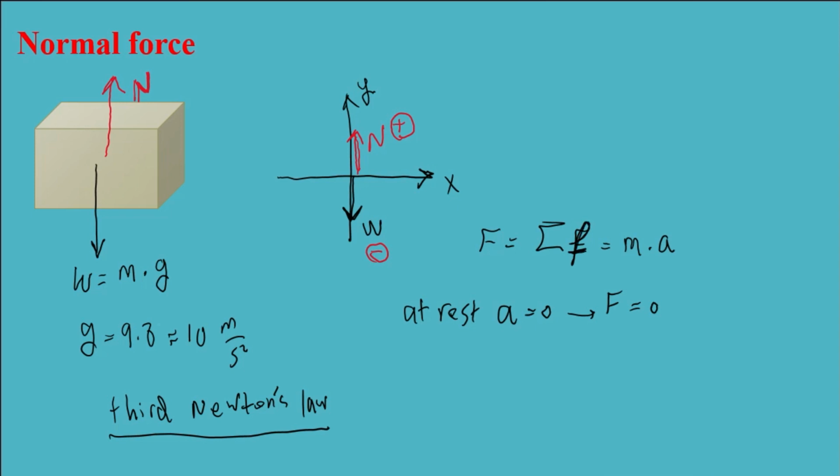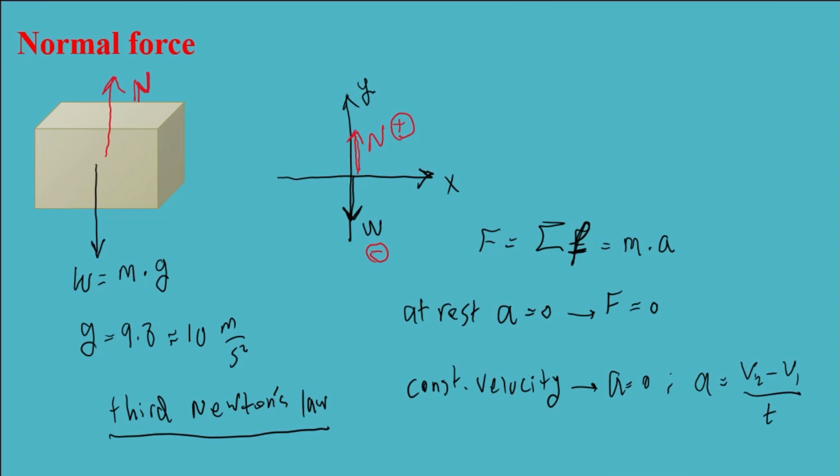Also, if my object moves with a constant velocity, then my acceleration again is going to be 0, right? Because if you remember, acceleration is equal to v2 minus v1 over t.